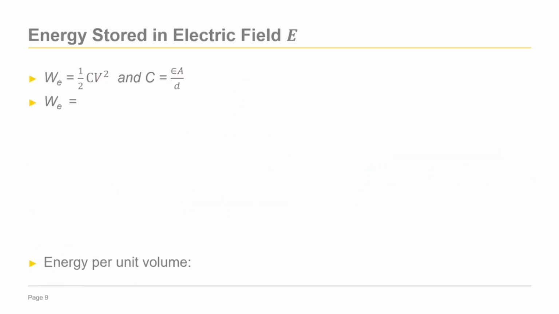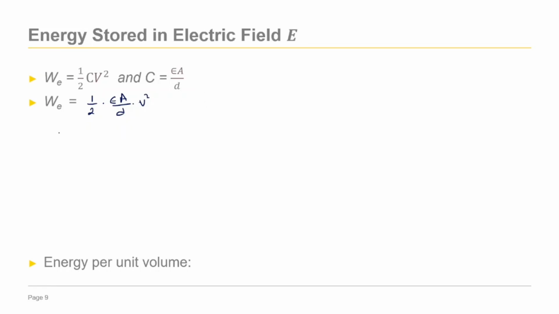As per definition, we right now found that the energy in the capacitor is half CV squared, and as per definition, capacitance is epsilon A by D. Using these two relations, let us try to compute what the energy is going to be. I'm going to substitute epsilon A by D here, times V squared.